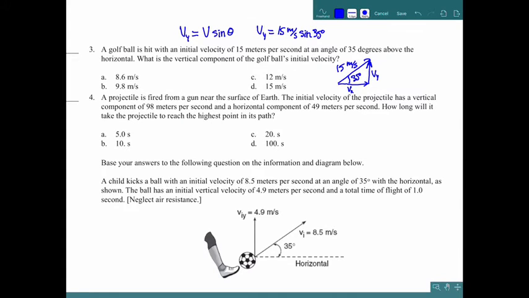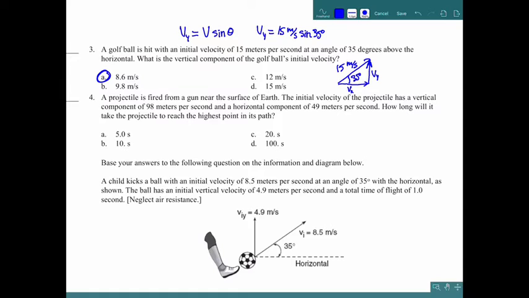If we calculate that out, we get 8.6 meters per second, and that's our answer right there.